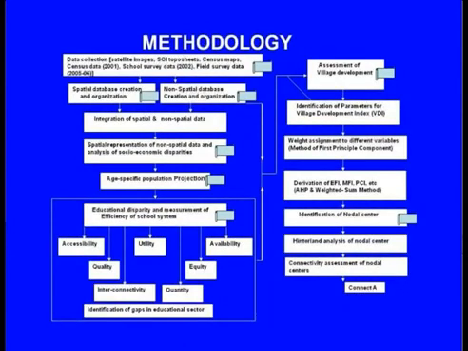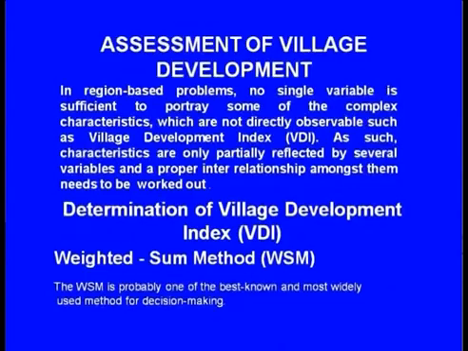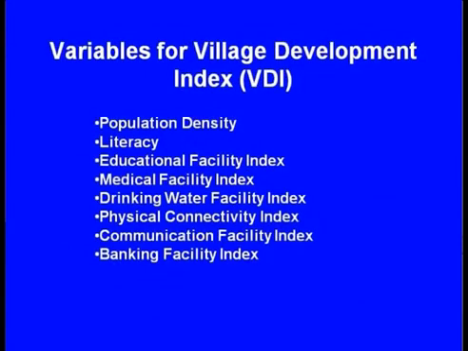So, based on this, we now go on to make an assessment of the village development. The village development is carried out not on the basis of a single variable, but what we try to do is we try to work out the village development index, and for this a weighted sum approach has been adopted, which takes into consideration the population density, literacy, education facility index, medical facility index, drinking water facility index, physical connectivity index, communication facility index, banking facility index.